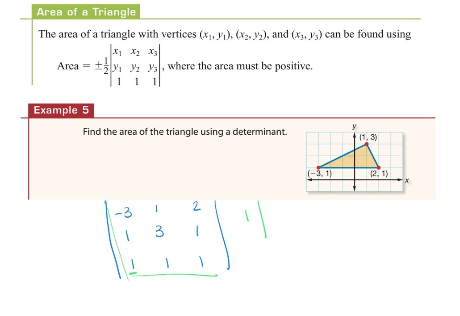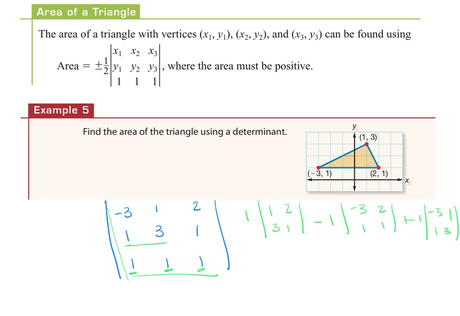So you ignore this row and column, and I'm going to do the 2 by 2, 1, 2, 3, 1, minus this one and the 2 by 2 that's left over. So that's -3, 1, 2, 1, plus this guy, 1 times the 2 by 2 that's left over, -3, 1, 1, 3. So I would actually do it this way. You're welcome to do it by the diagonals to find that determinant.